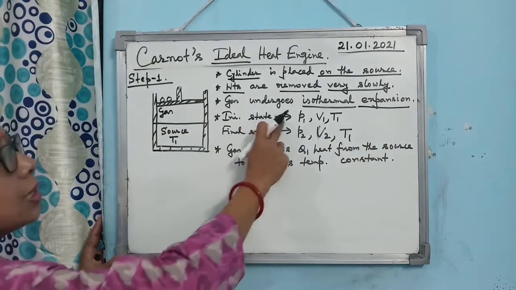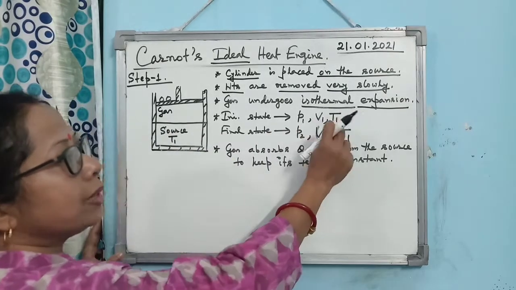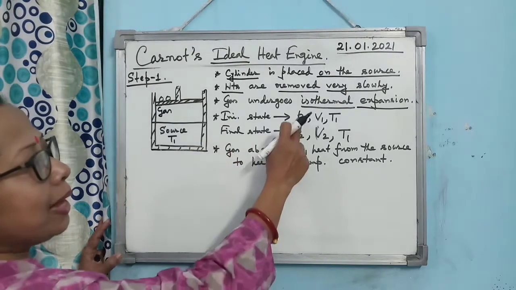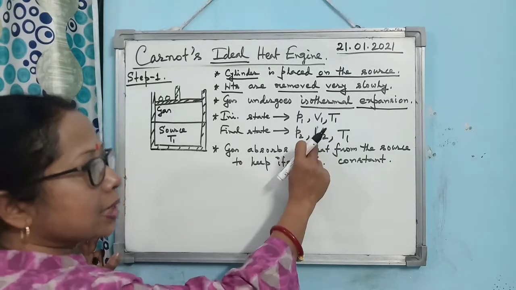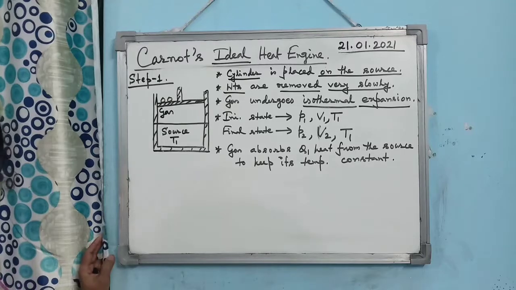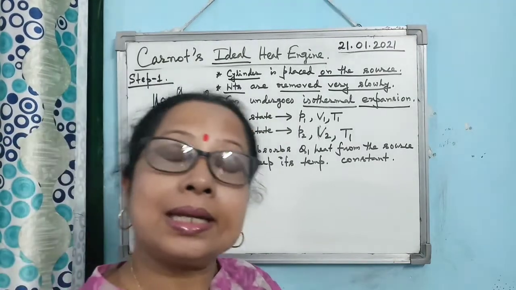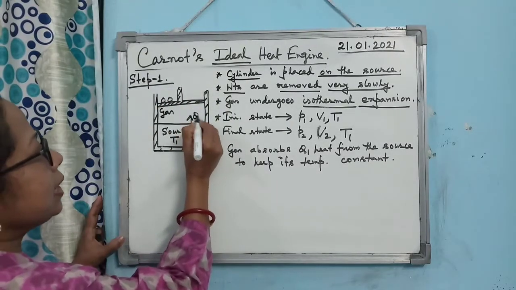What is the initial state of the gas? P1 is the pressure, V1 is the volume, T1 is the temperature. Then the final state: pressure decreases to P2, volume increases to V2, temperature remains the same. How is it possible? When it expands, it will try to cool down, then it can keep its temperature constant by absorbing heat Q1.